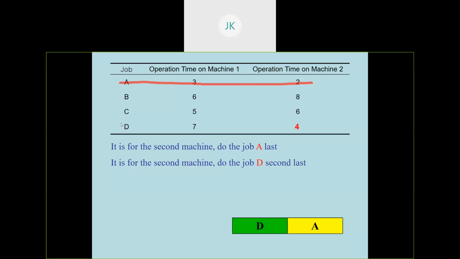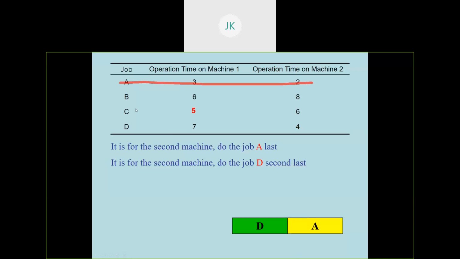Anyway, job D is crossed out, and among the remaining operation times 6, 5, 8, 6, 5 is the next shortest.